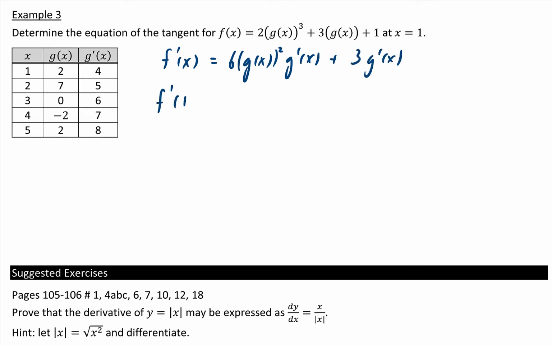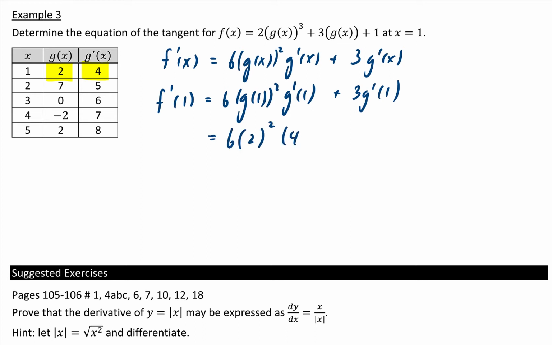So let's determine the slope of the tangent at x equals 1. And from our table, we see that g of 1 is equal to 2, and g prime of 1 is equal to 4. So therefore our slope is equal to, and that gives us a slope of 88. That is the slope of the tangent line.